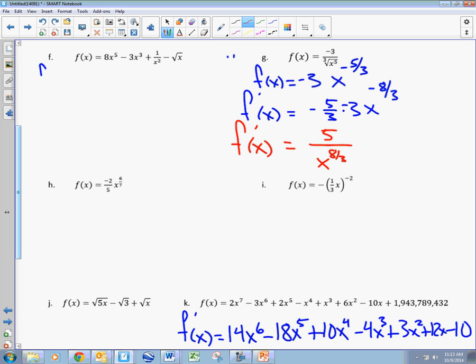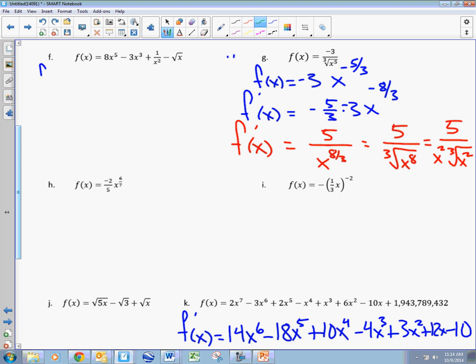Now, this is where you got to be careful. This is acceptable. That is not acceptable because you can reduce the cubed root of x to the 8th. What perfect cube can you take out of x to the 8th? X to the 6th, which will reduce to x squared. So you would have to write it as 5 over x squared cubed roots of x squared.